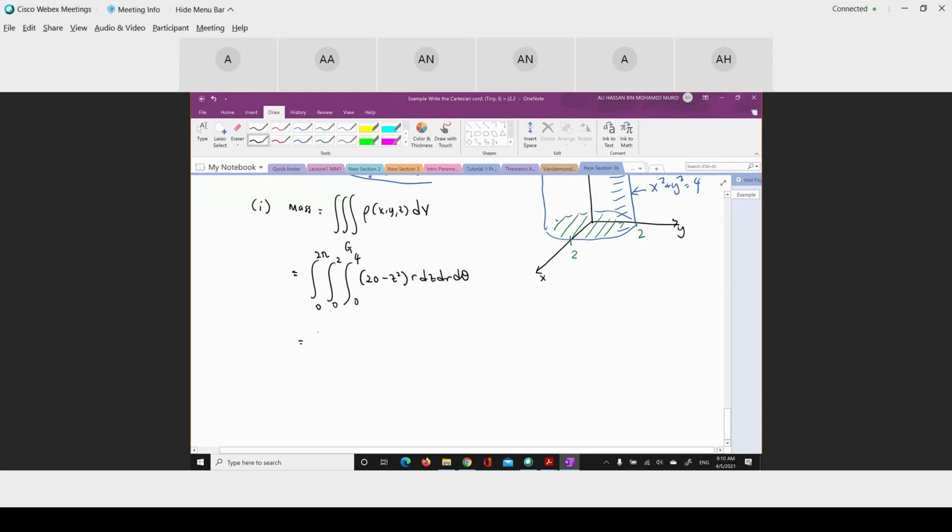Integrating with respect to z, we have r times 20z minus z cubed over 3, evaluated from z equal to 0 up to 4, dr d theta.